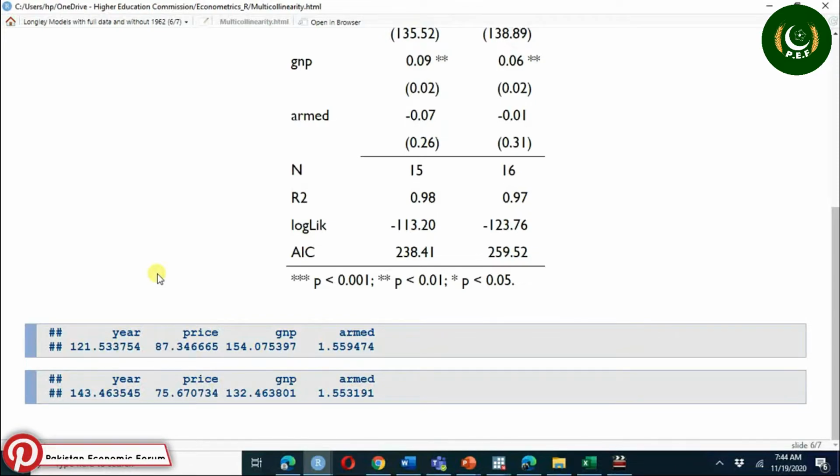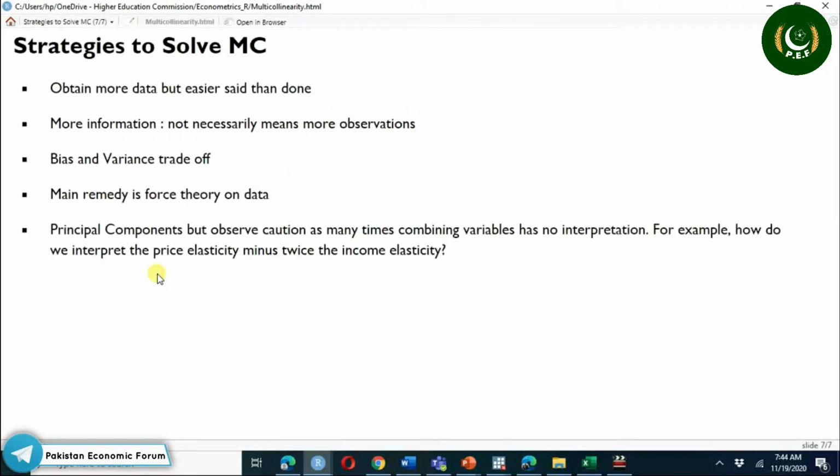Okay, let's see the last one: how to resolve the problem of multicollinearity. Obtain more data, but easier said than done. If you have more data, then why haven't you used it at the first stage? Obtain more information; it does not mean more data, it means you should get more information about the phenomena under study.